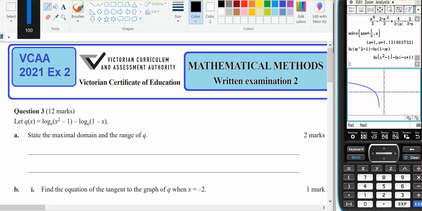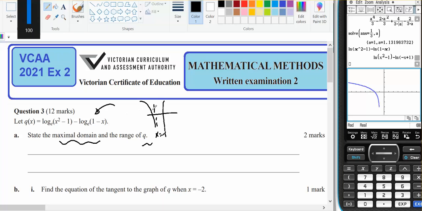Okay, question number 3. Q of x is the addition of these two, the maximal domain and the range of Q. If I consider both of them separately, the domain of the addition will be the intersection of the domain of each. Well, they both have to exist. This one here will shoot like this, where that says x equals -1.